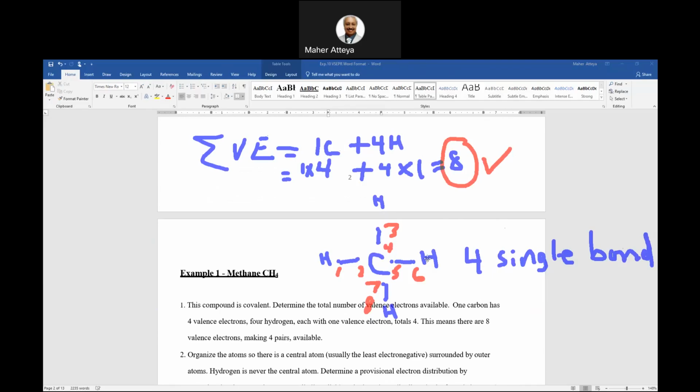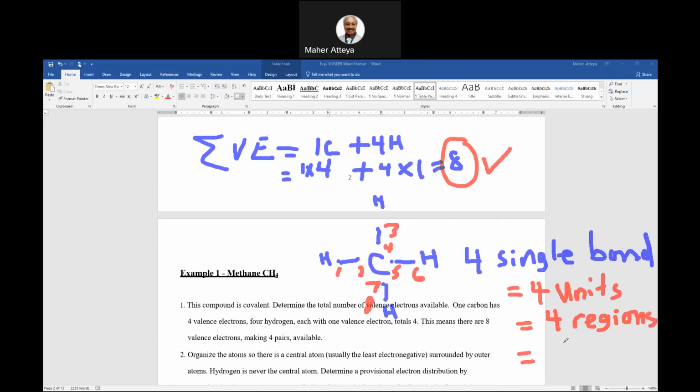Now we have 4 single bonds. When we have 4 single bonds, we say that we have 4 units, correct? Or we can call this the same thing, all synonyms, 4 regions, right? So all those are the same thing.